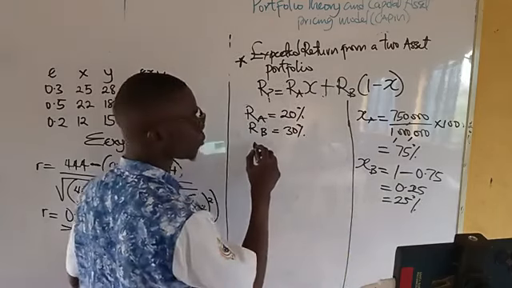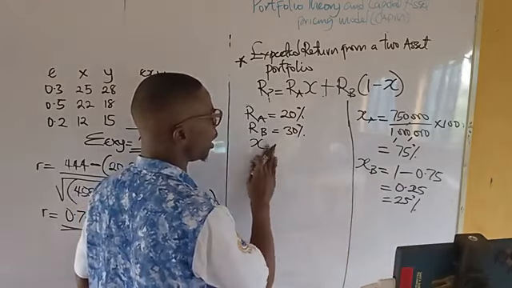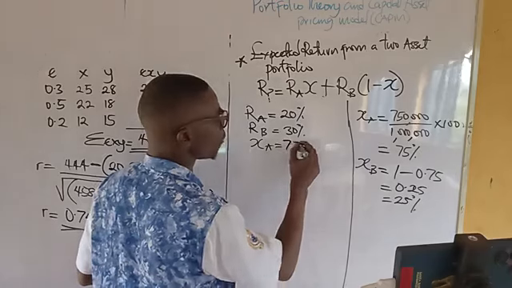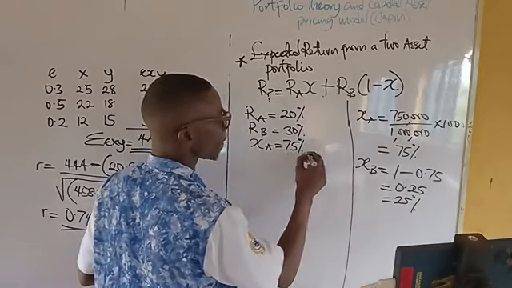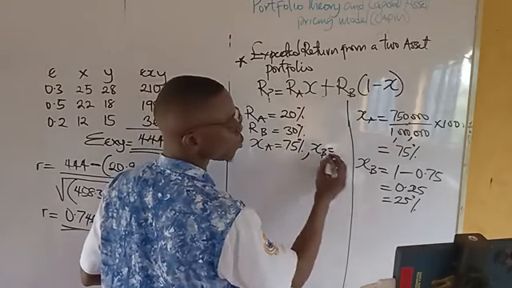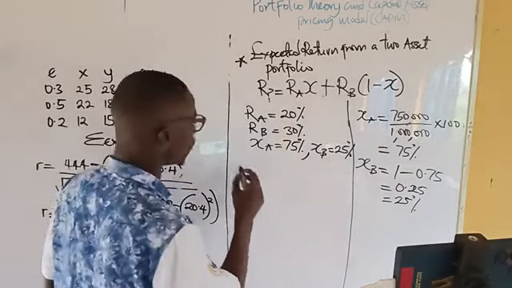So we now know that the proportion of investment in A is 75%, and that of B is 25%. So now let's go to the formula.